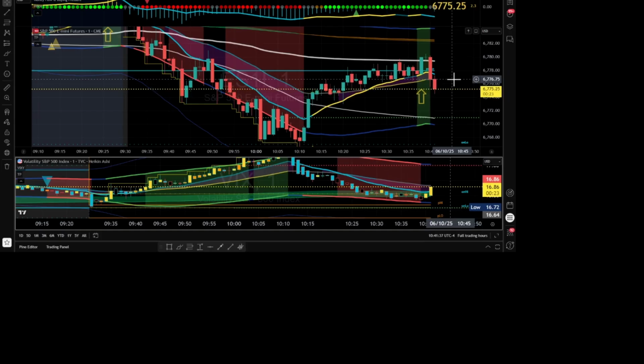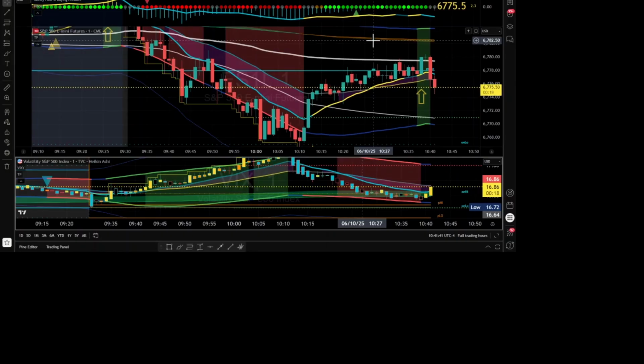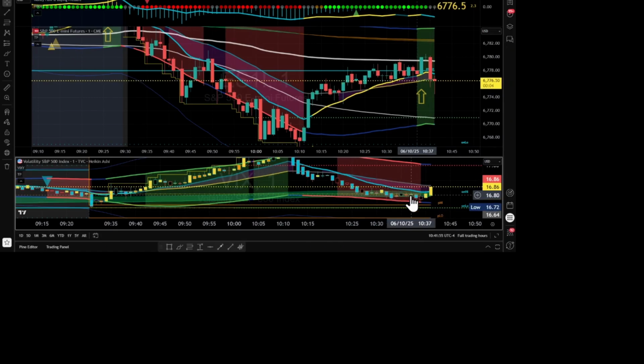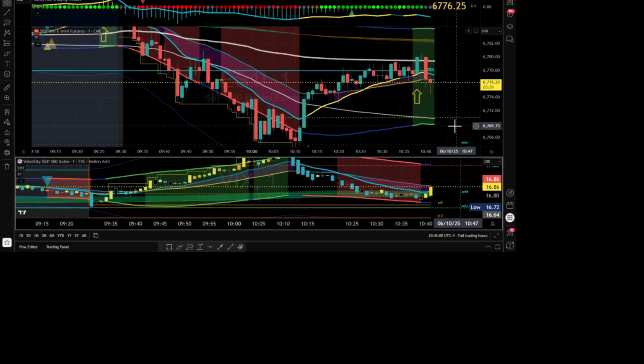But this is exactly what we were afraid of, or you know, possibly could happen, was the rejection at the VWAP, especially because VWAP is testing the 48 cloud, and then it's going to fool you by pretending to go through it before it bounces, and it could still go up.